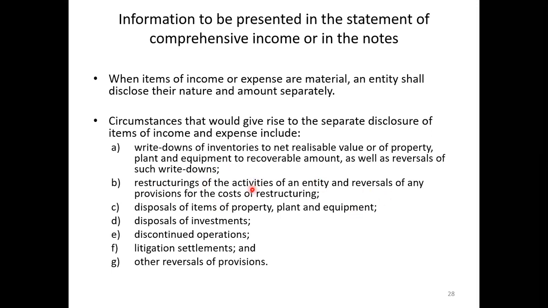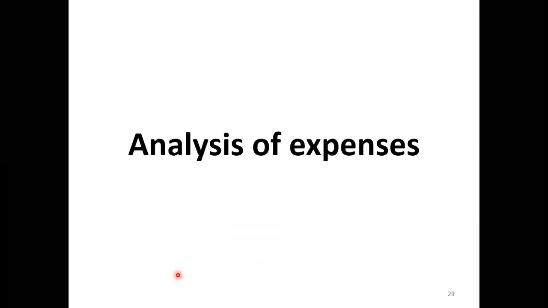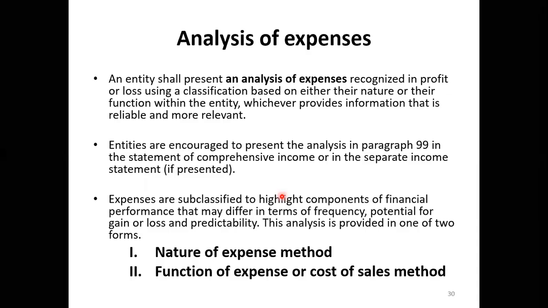A restructuring of activities of an entity and reversal of any provisions for the cost of restructuring, disposal of items of property, plant, and equipment, disposal of investments, discontinued operations, litigation settlements, and other reversals of provisions. And analysis of expenses we will discuss tomorrow.